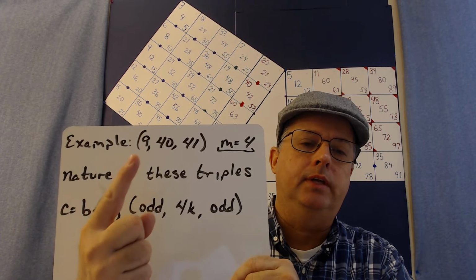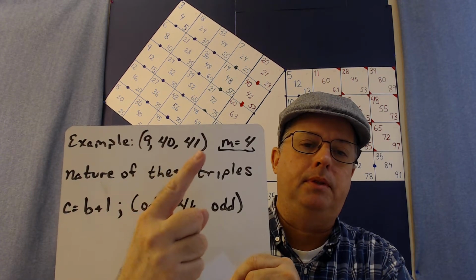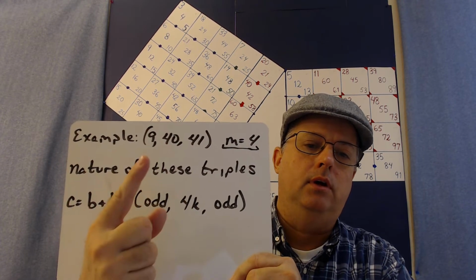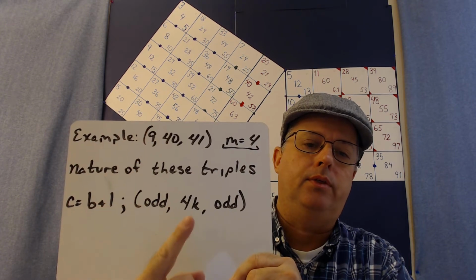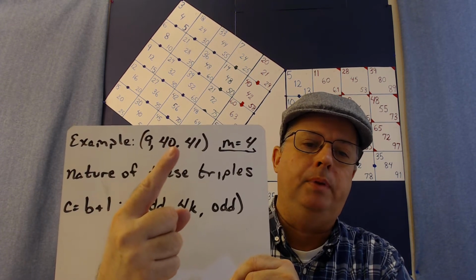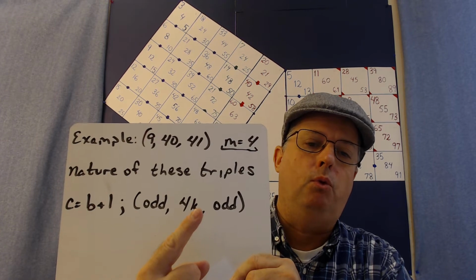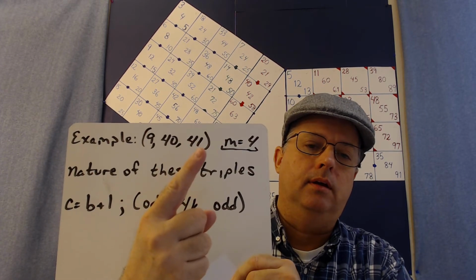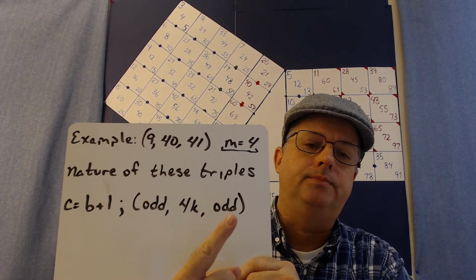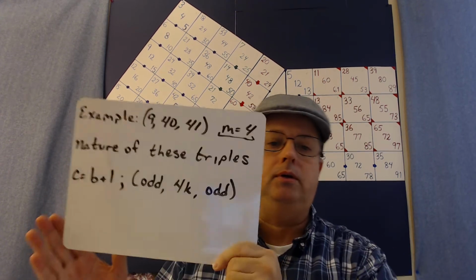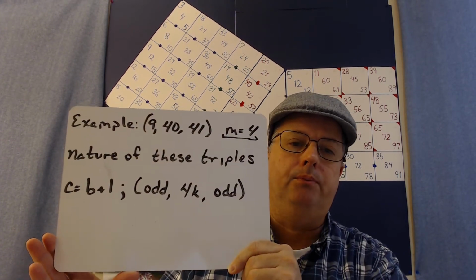Each of these types of Pythagorean triples has an odd number to begin with, and then the middle value, b, is a multiple of 4, and then the c value is odd. That's what we talked about in the previous video.